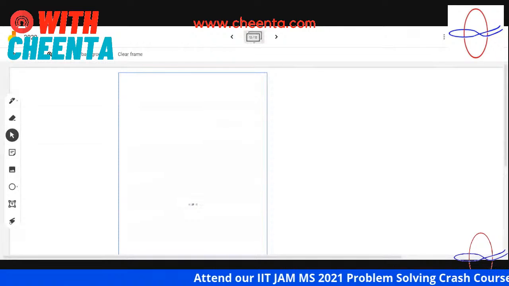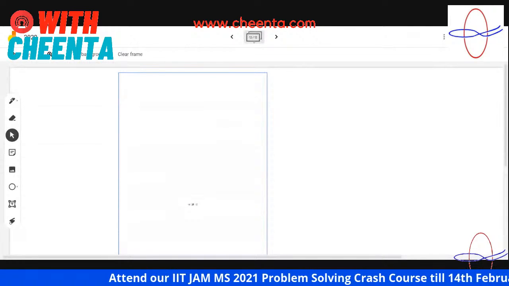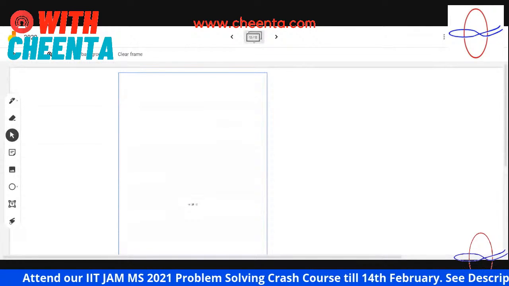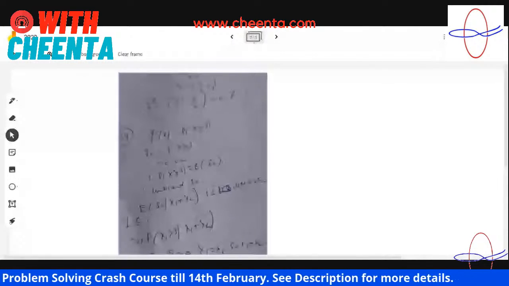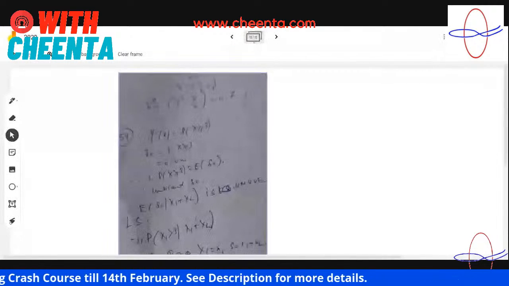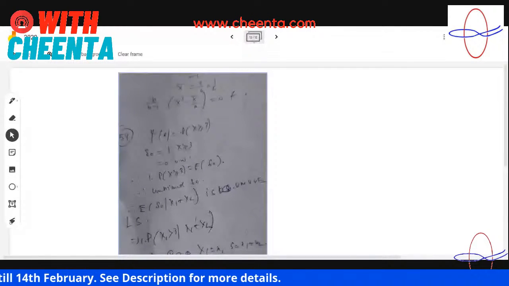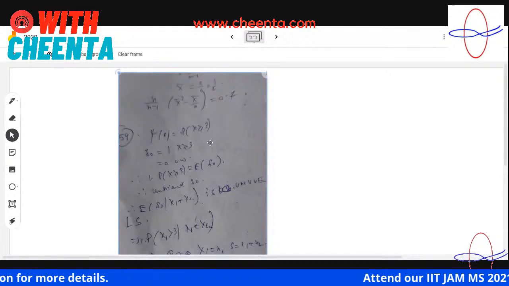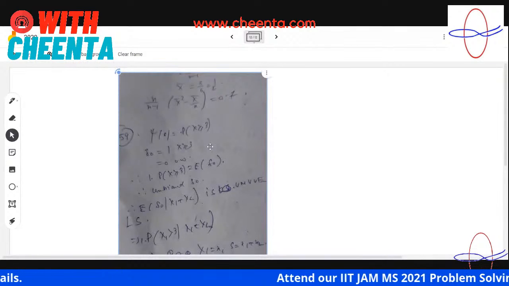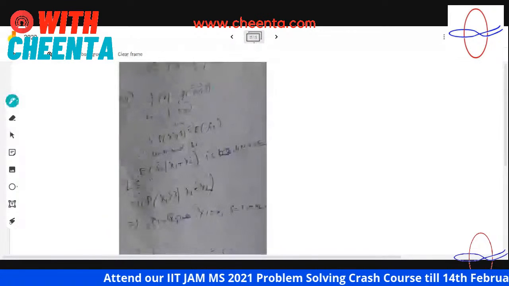When you do the expectation part, it can be x1 plus x2 and something else, but x1 plus x2 must be there. So fine, this step is perfect, and therefore you get the delta function as this.